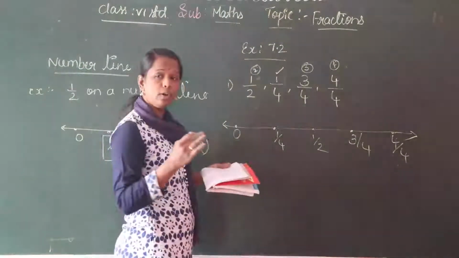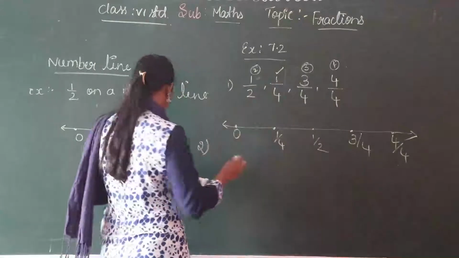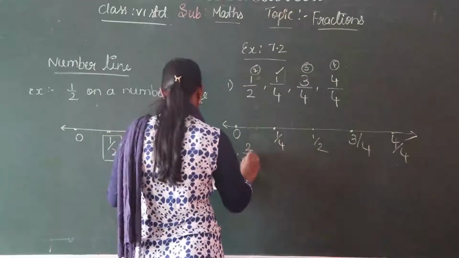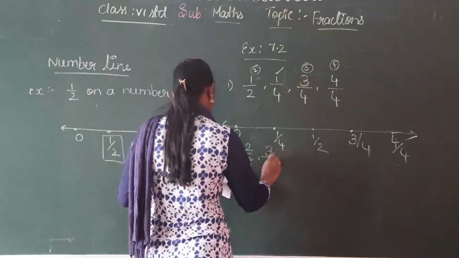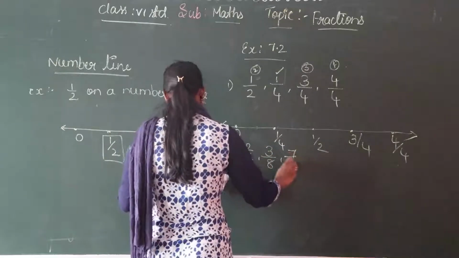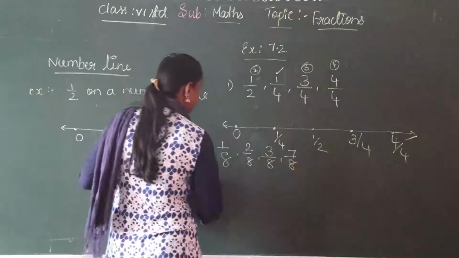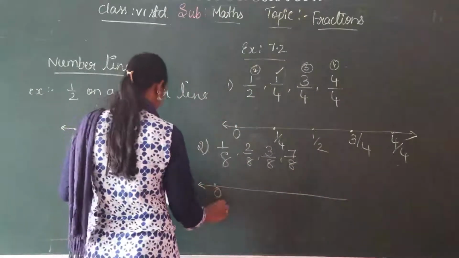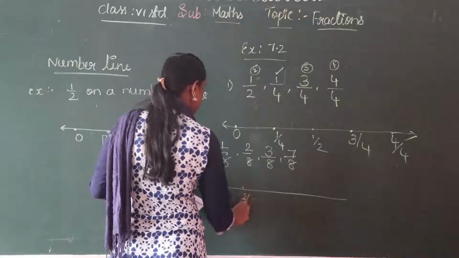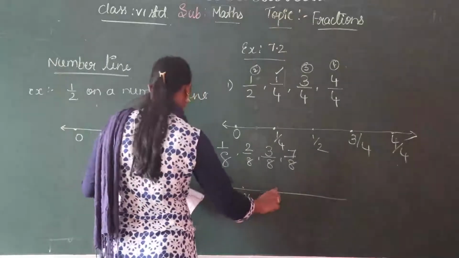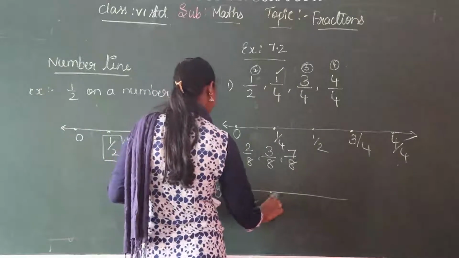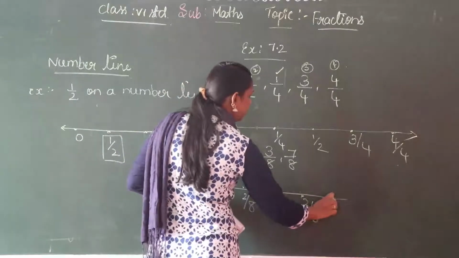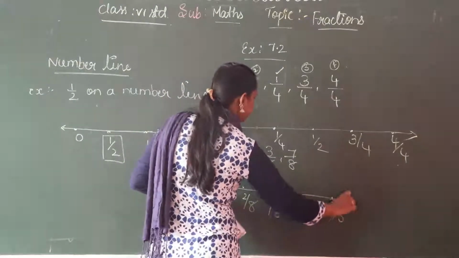Next, second one. First we have to arrange in ascending order: 1 by 8, 2 by 8, 3 by 8, 7 by 8. First write the number line, 0. Second, 2 by 8, 1 by 8, 3 by 8, 7 by 8.